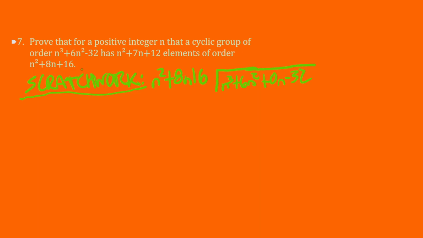We will first multiply by n, and that gives us negative 2n squared, negative 16n minus 32, and then we will need to multiply by negative 2.